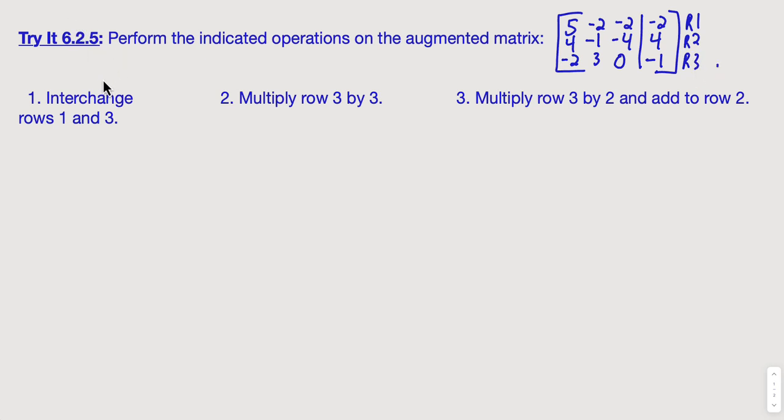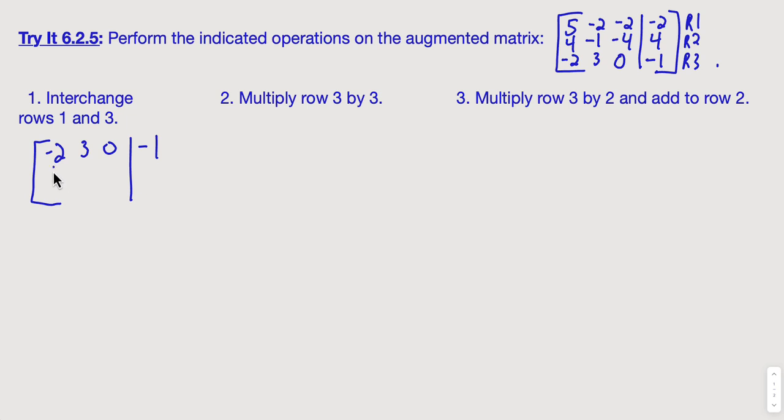Now with our first part of the problem, we're asked to interchange rows 1 and 3. Literally all we do is just swap row 1 for row 3. So our original row 3 is now row 1. So -2, 3, 0, -1. Row 2 stays where it is.